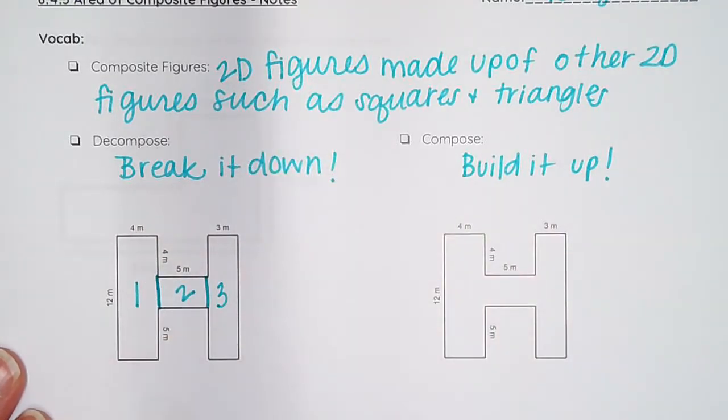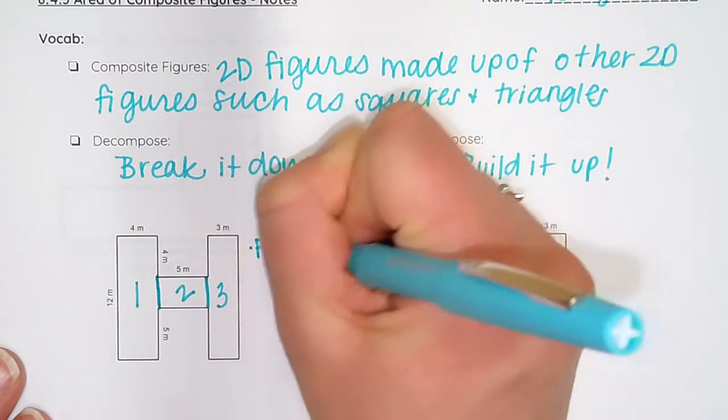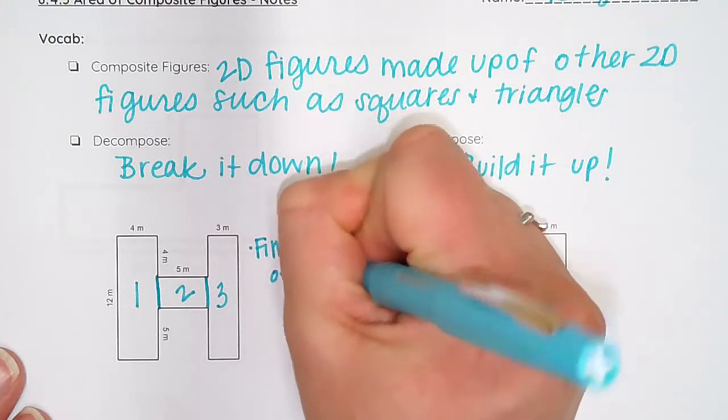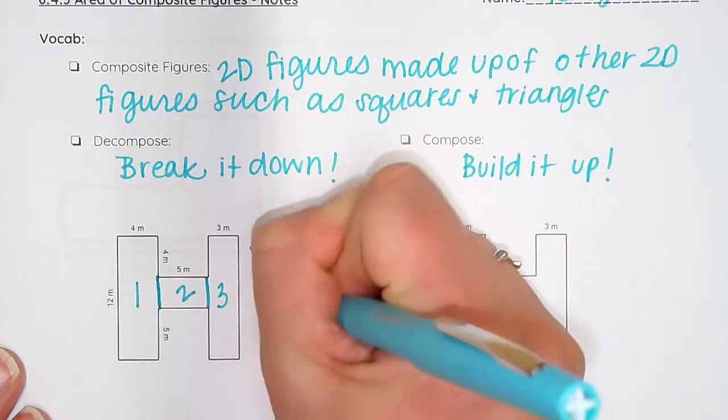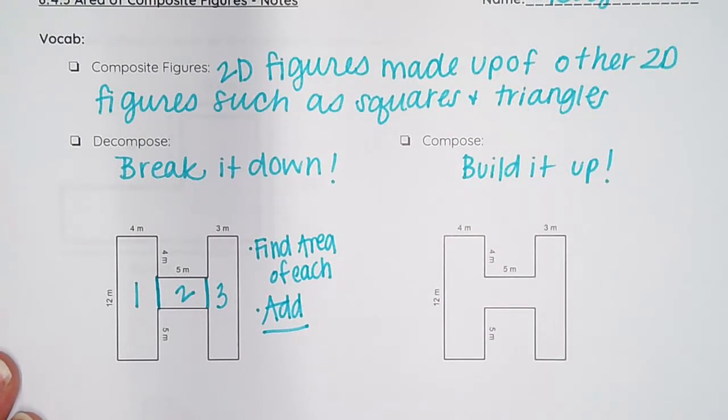I would find the area of each one separately, and then add them together to get a total area. So that's to decompose. I break it apart into shapes that I already know the area formula for.